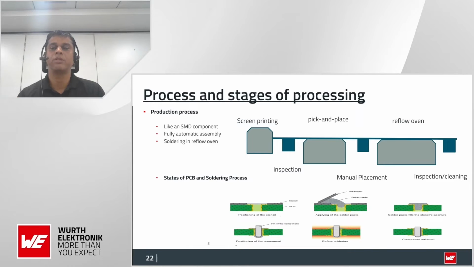Once you apply the solder paste, it fills the stencil hole. Then the plated hole pin is assembled, and then we do the reflow soldering, after which the component is soldered in the PCB. This is how the different stages of the PCB process go.